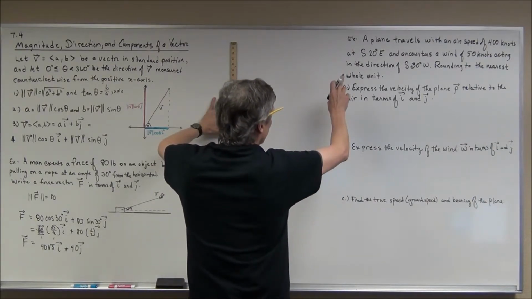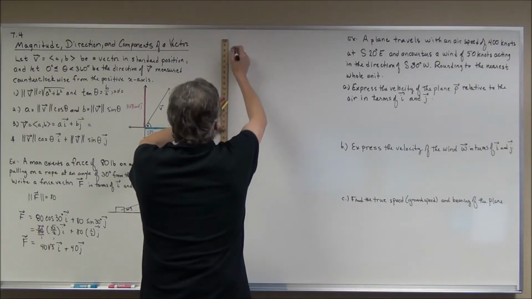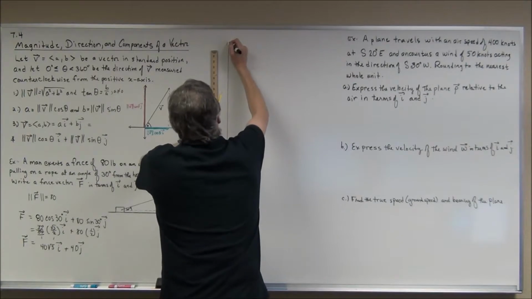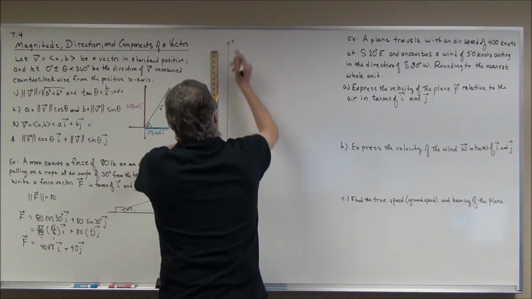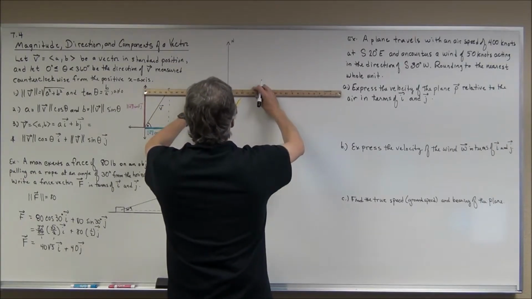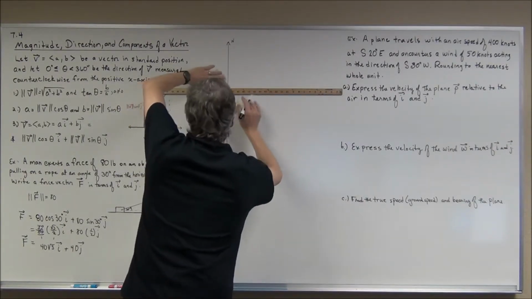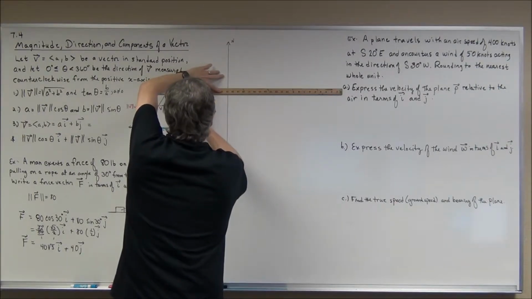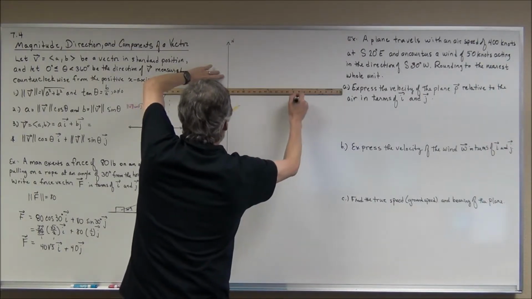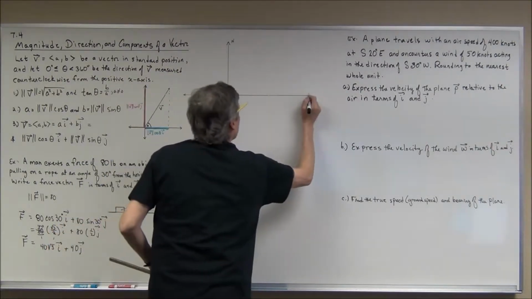We're going south and east, so I want more space on this side here. So let's go north-south right here. This would be north. Hopefully that's straight enough. And let's go up here. And hopefully that'll be enough for what we need to get going.